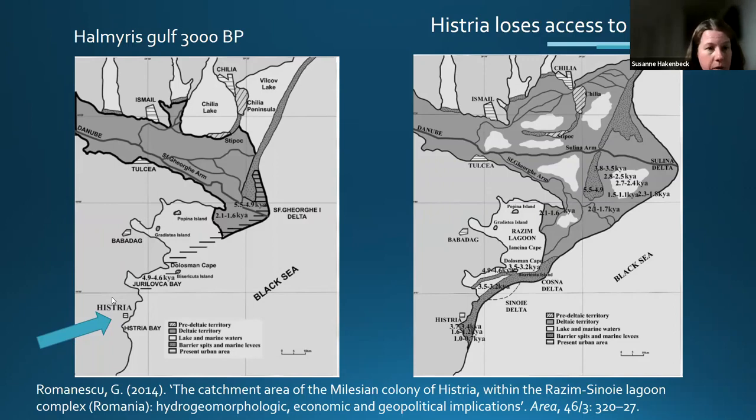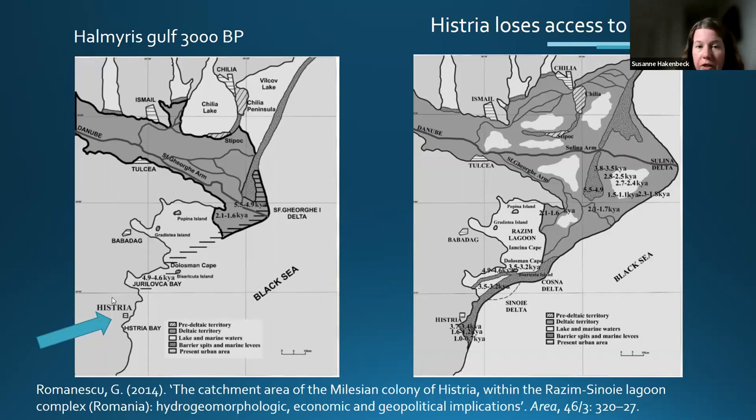And the reason being, here on the left, you can see the Gulf of Halmyrus in 3000 BP, and then on the right, you can see it in its present state, with date ranges given for different periods of sedimentation.